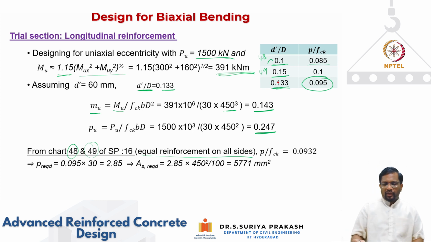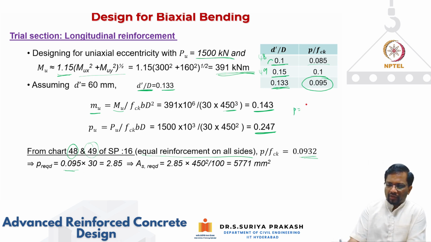I have to do interpolation. So after interpolation, we are getting 0.0932. Then we are slightly increasing it and putting 0.095. In fact, this small p is the percentage of steel Pt multiplied by FY, the rho required.